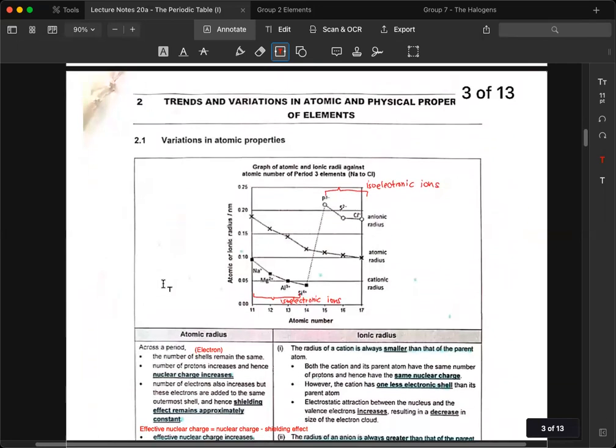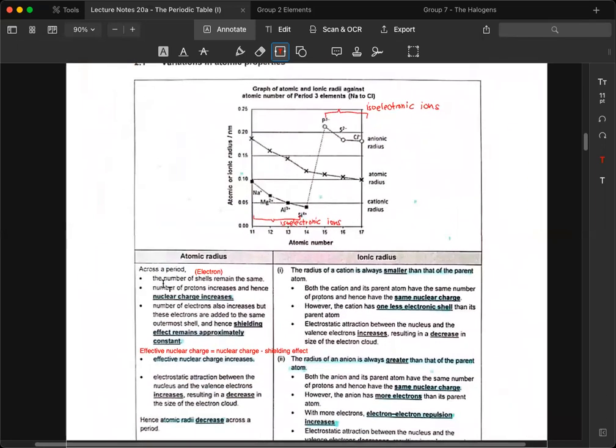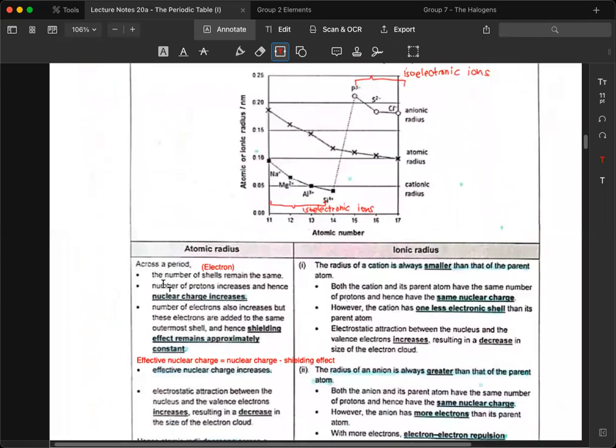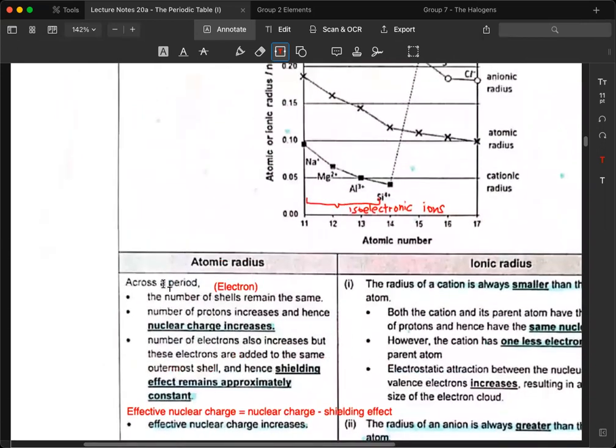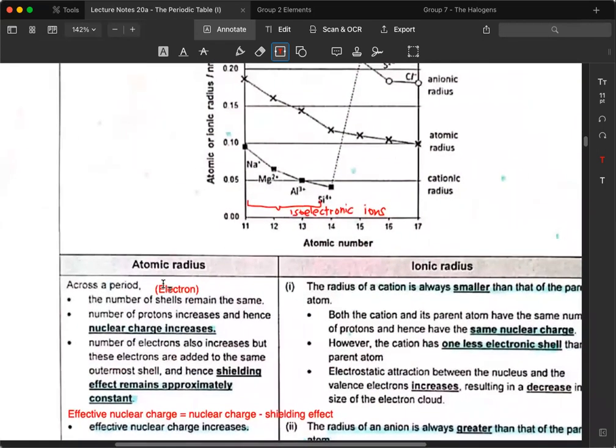Now, what is the variation in atomic properties? So for atomic radius, across a period, all right, the number of shells will remain the same.